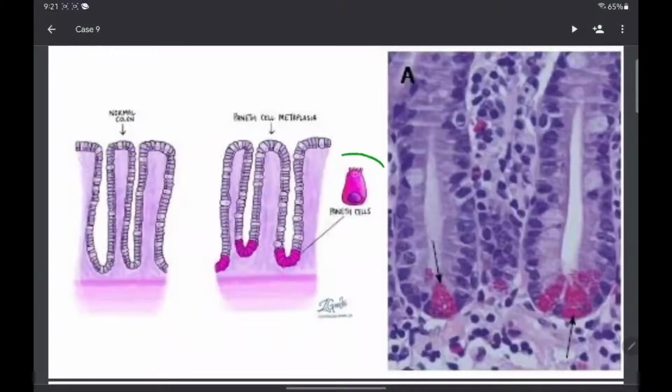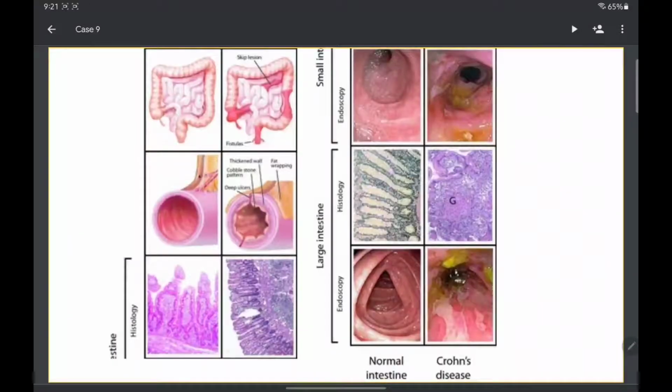In the colon, there will be Paneth cell metaplasia, which are cells that are normally only present in the small intestine, and they are not present normally in the descending part of the colon, and therefore, if they are present here, they may be characteristic for Crohn's disease. After many years with the disease, there might also be appearance of mucosal atrophy and loss of the crypts, as you can see in these images, which are normally present and are not present in Crohn's disease.